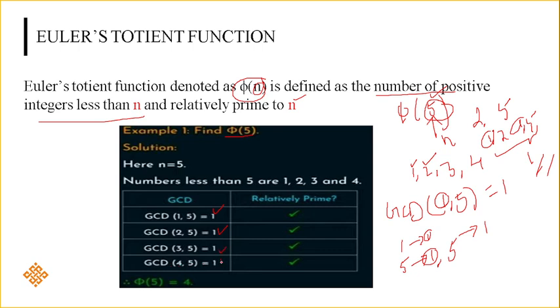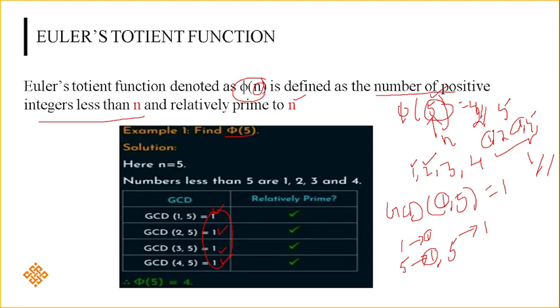So all of 1, 2, 3, 4 have GCD 1 with 5. Therefore, the total number of values relatively prime to 5 is 4, so phi of 5 is 4.